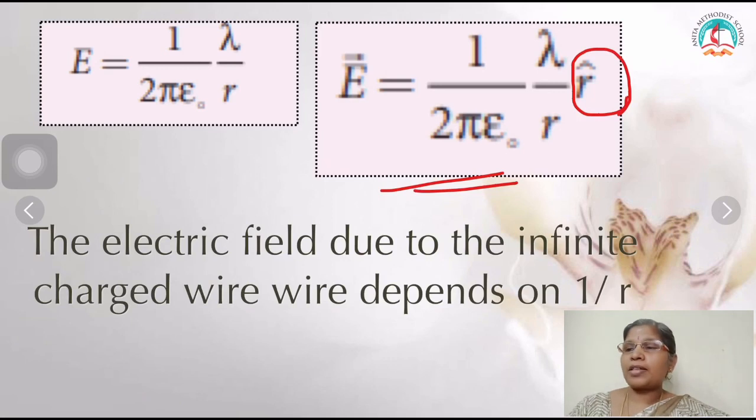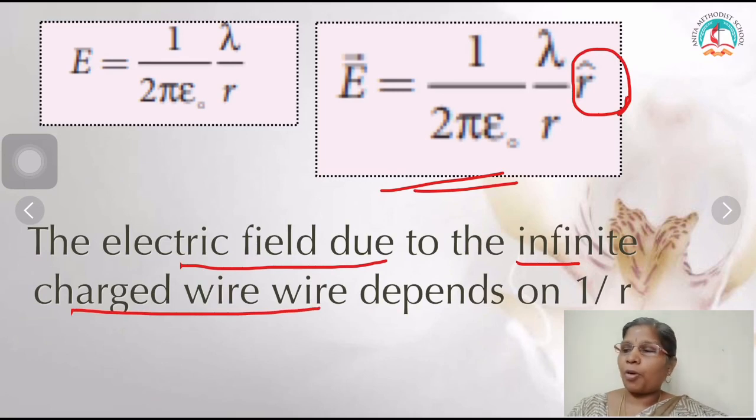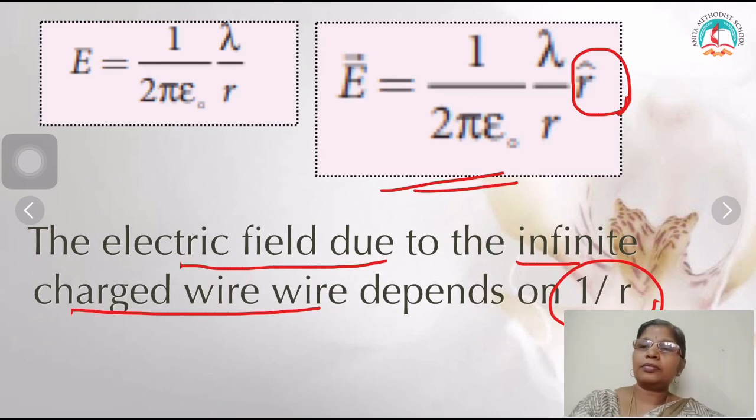In this formula you see the electric field due to an infinite charged wire depends upon 1 by r. Lambda is constant and 2 pi epsilon 0 is constant, so it depends only on 1 by r.